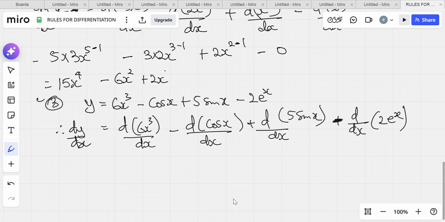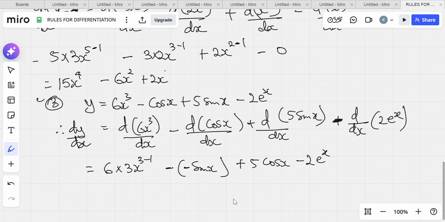Then that will leave us with, we start differentiating. This one is 6 multiplying 3x to the power 3 minus 1, minus, when we differentiate cos x it is minus sine x, minus bracket minus sine x, we just substitute it. Okay, plus 5 cos x, and recall that the derivative of sine x is cos x. 5 cos x minus 2 e to the power x.